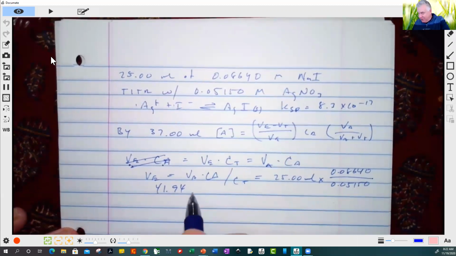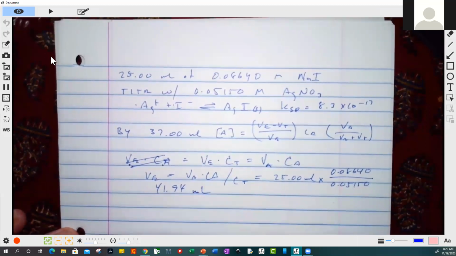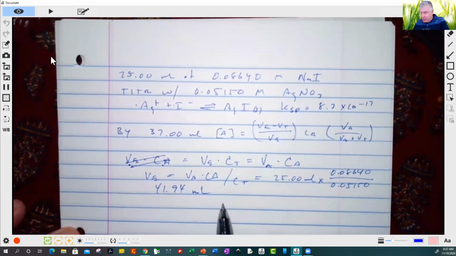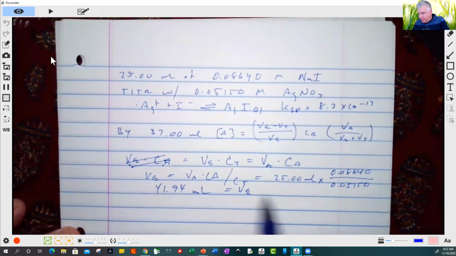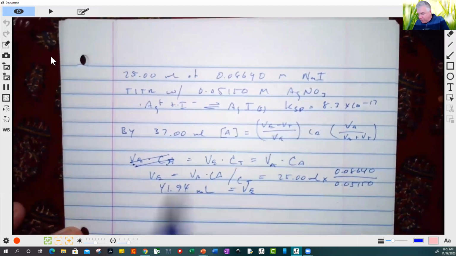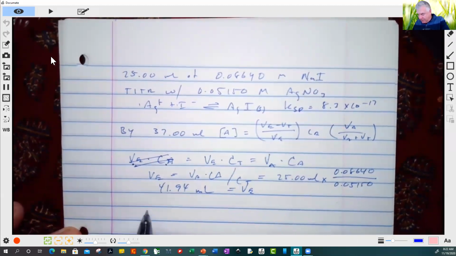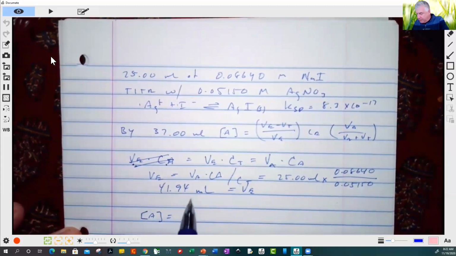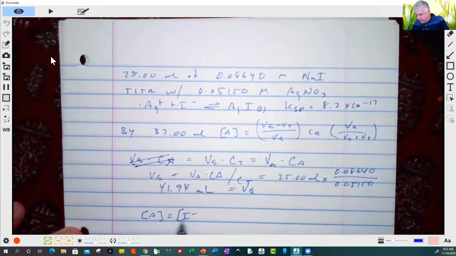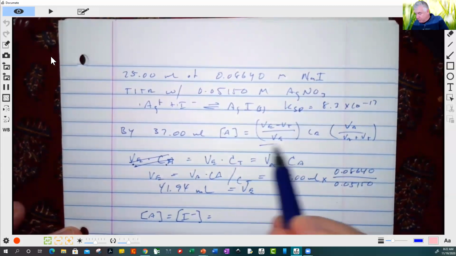Okay, milliliters. That number of milliliters, and now this is VE. So now we can do the calculation of the analyte concentration, which is the iodide concentration, which is going to equal this expression up here.